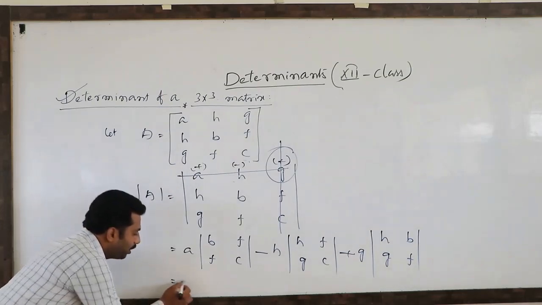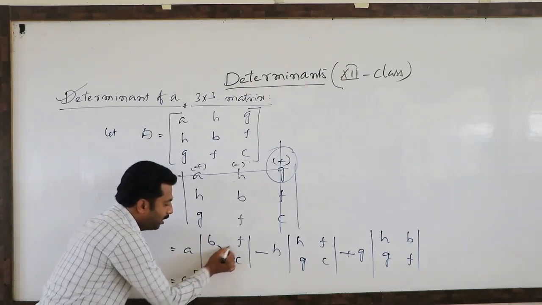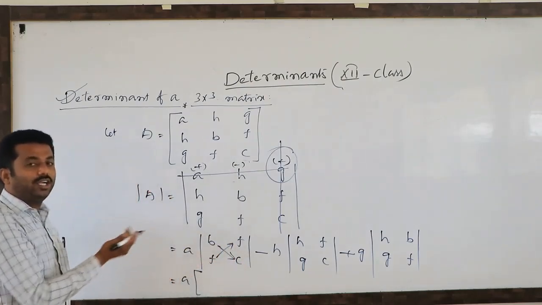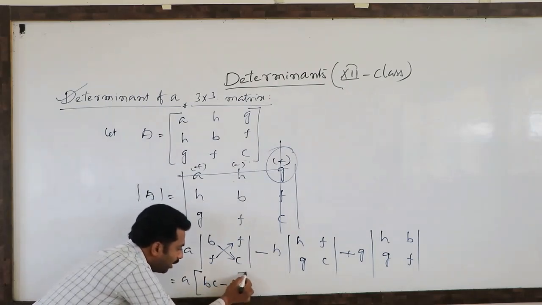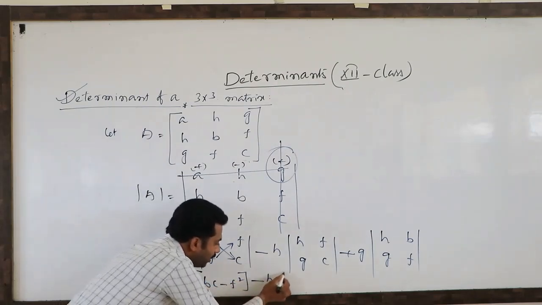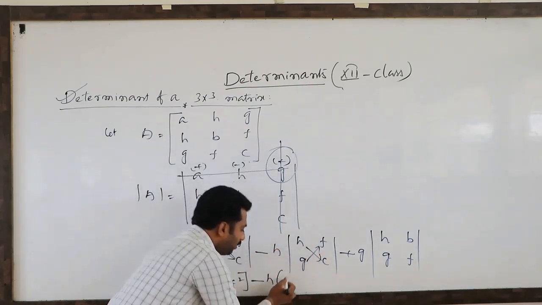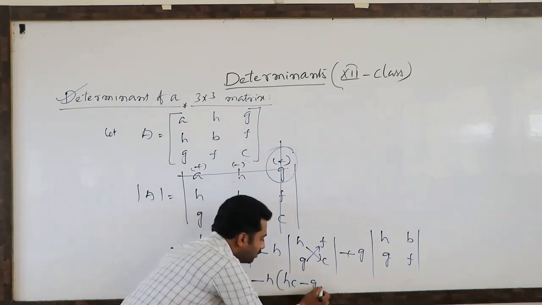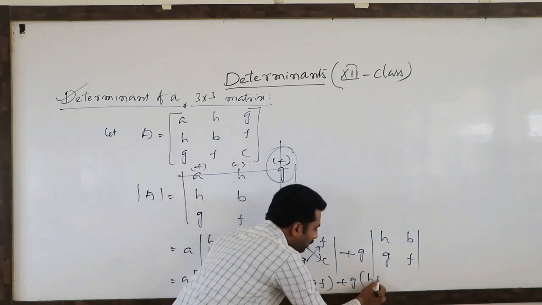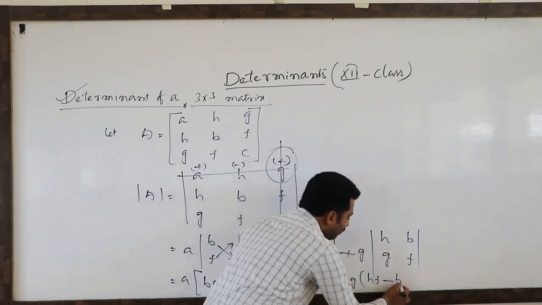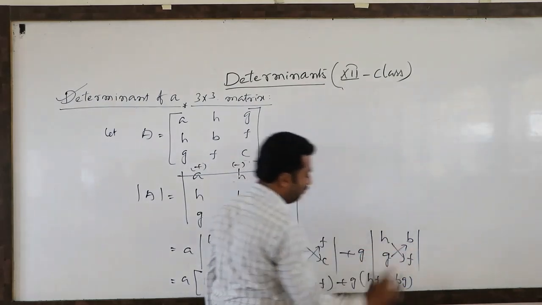So how to expand, you tell me? A into the product of the principal diagonal elements minus the product of the non-diagonal elements. Nothing but BC minus F square, minus H into HC minus GF, plus G into HF minus BG.